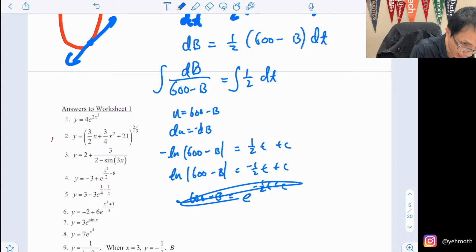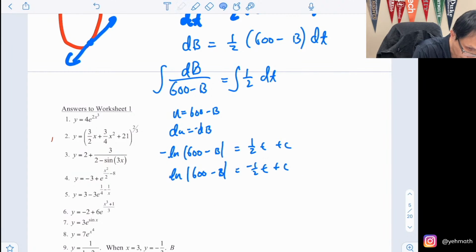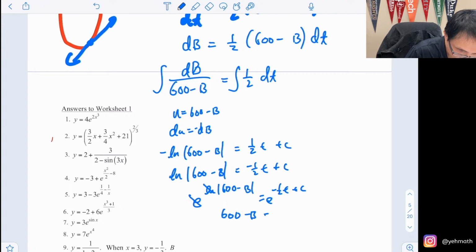Maybe I should write it out to make a better video. So I say e to the ln of 600 minus b is equal to e to the negative half t plus c. Now e and ln cancel out. 600 minus b is equal to e to the negative half t plus c.